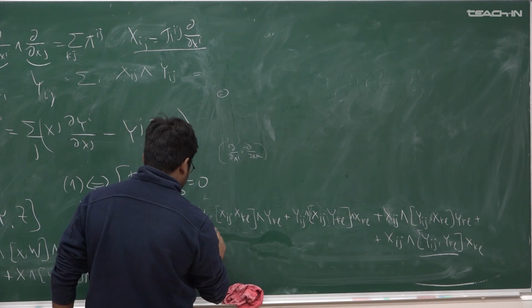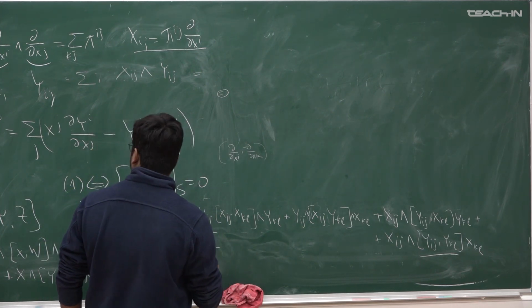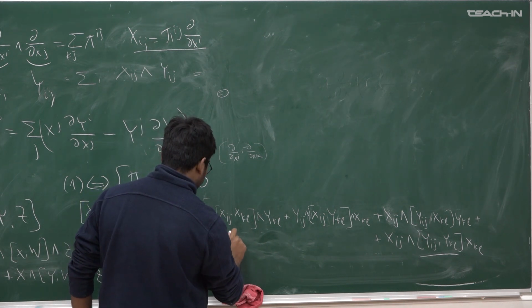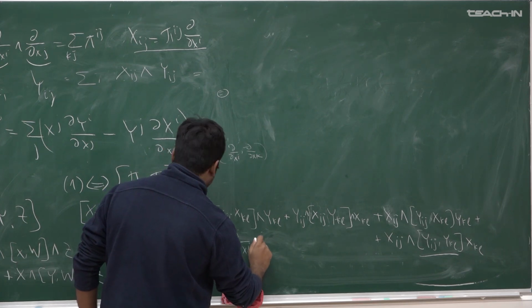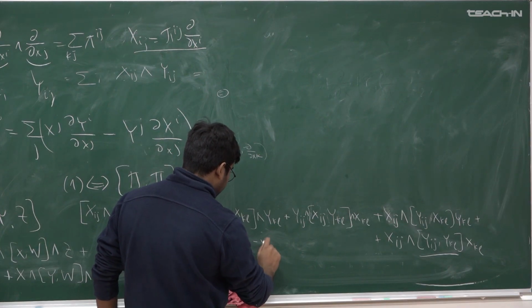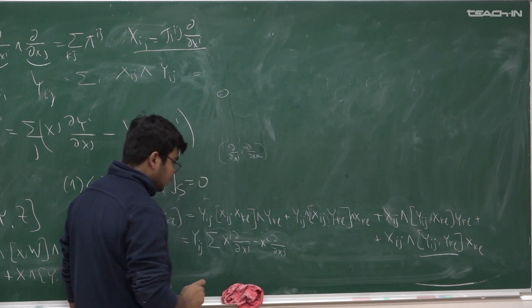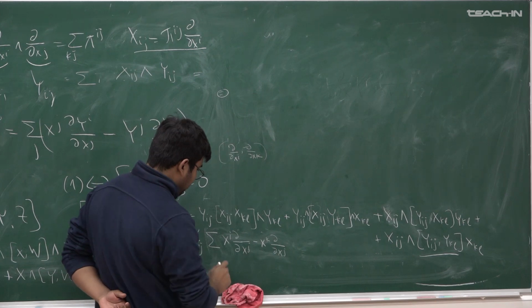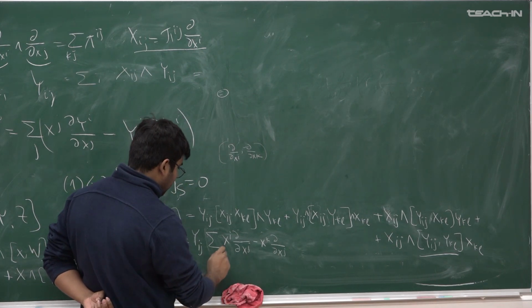So it will be the sum of xk. What is the summation index? Our summation goes over j and k.